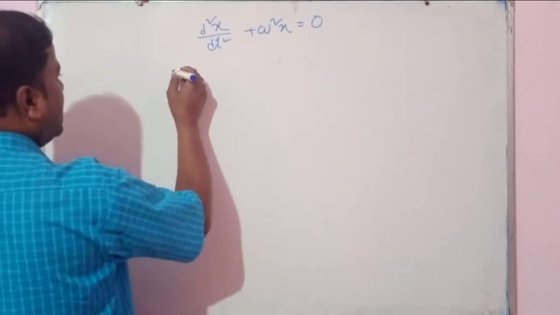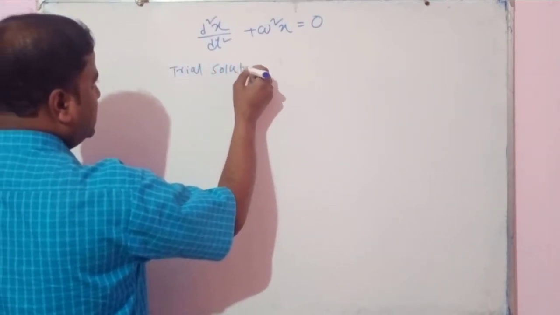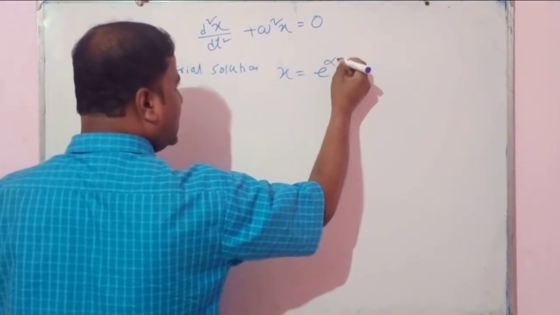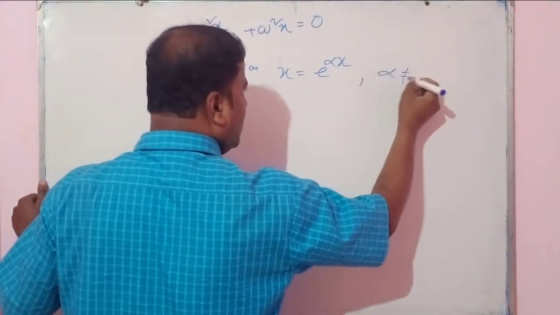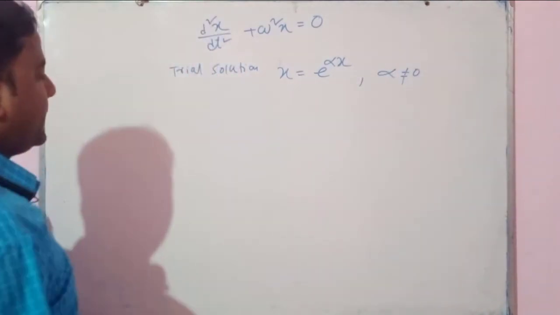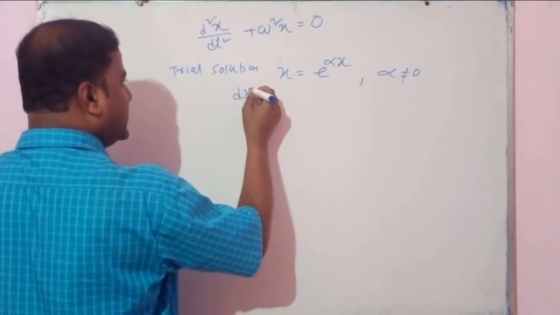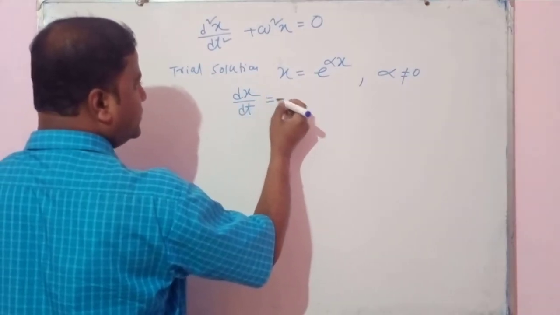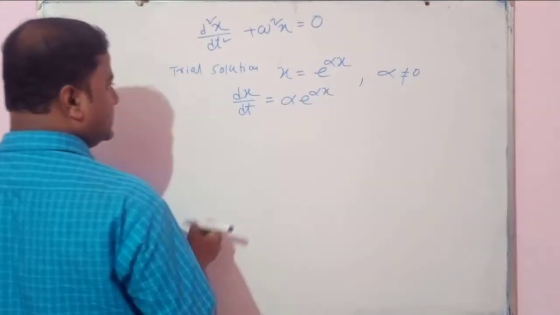First we take a trial solution x equal to e to the power alpha t. Here the constant alpha is not equal to 0. Now we differentiate it with respect to time, then we get dx upon dt equal to alpha e to the power alpha t.